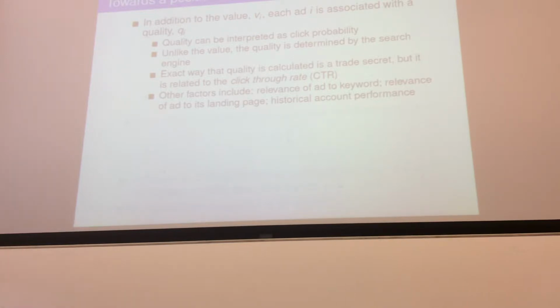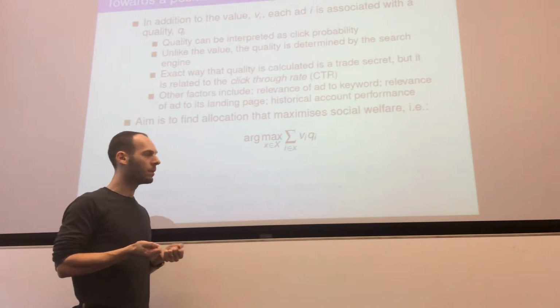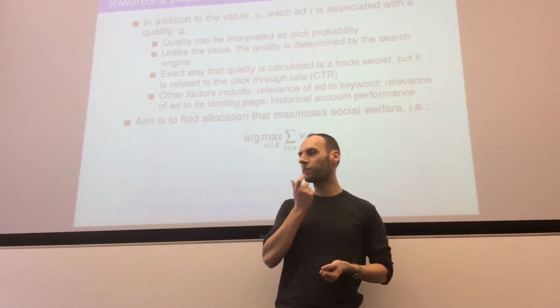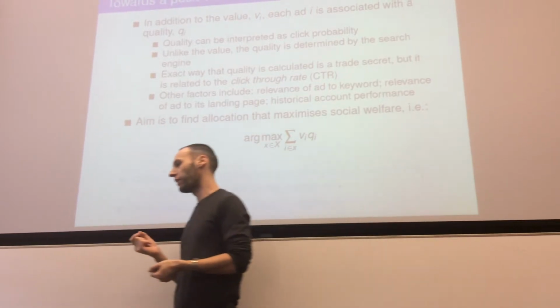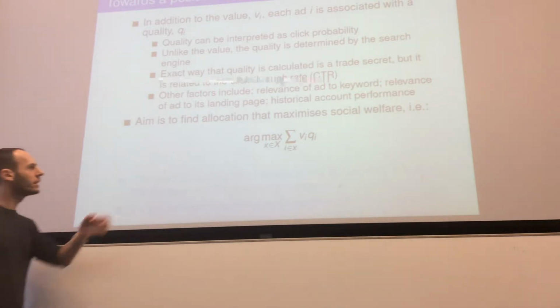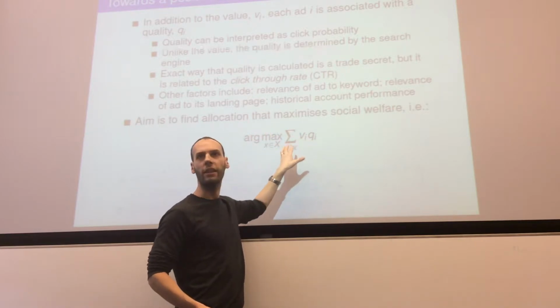When we say we maximize the profit, we could also see it as social welfare. The social welfare is essentially the expected value. The expected value is the value of the ad if it's clicked times the probability that it is clicked. We can then maximize this.